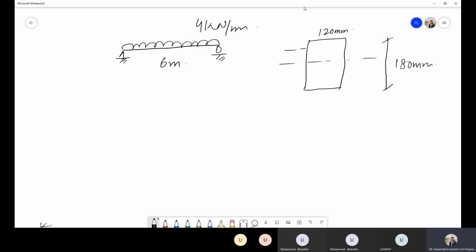In this question, we have to calculate the shear stress at a distance of 1 meter from this support and at this particular point that is located at 60 millimeter from the centroidal axis. We have to calculate the shear stress only. I'm not saying the combined stresses or the flexural stresses, just the shear stress at this particular point.